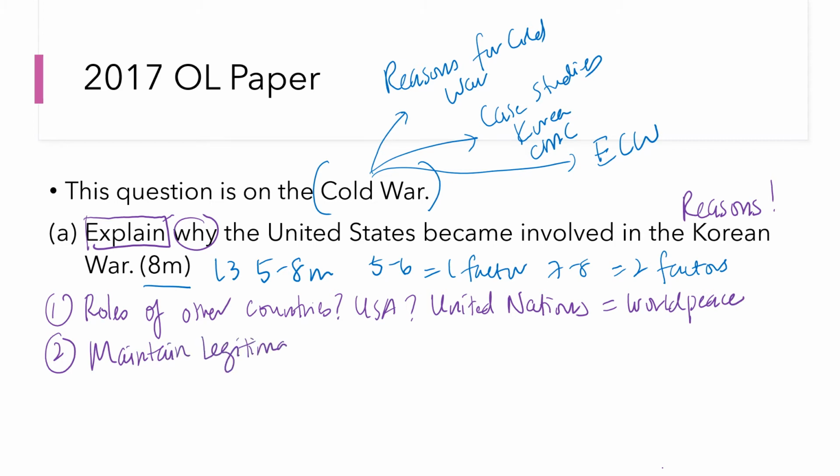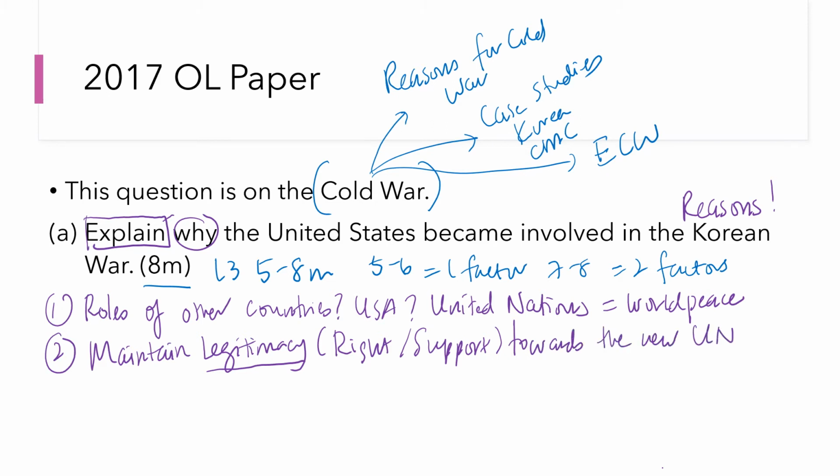legitimacy. Now, what is the meaning of legitimacy? That means it is the right to sort of, I guess, support, that would be another word. Okay, maintain legitimacy, maintain support towards the new United Nation.